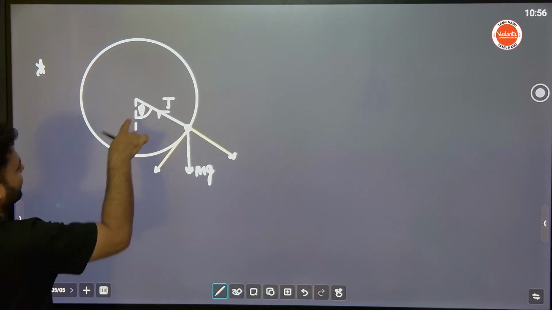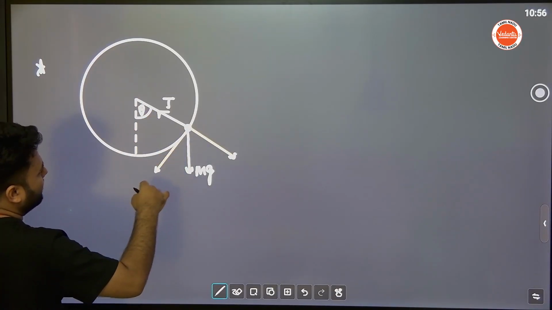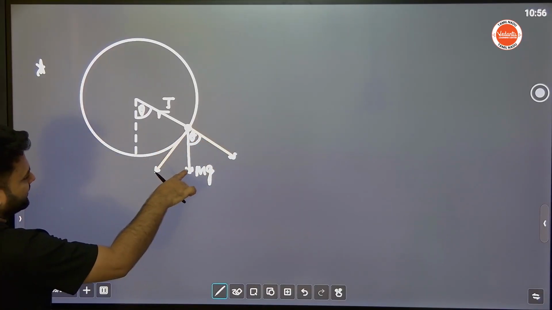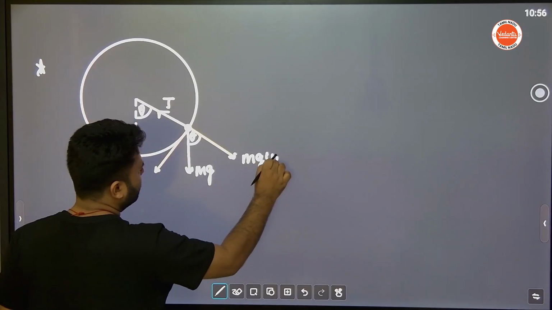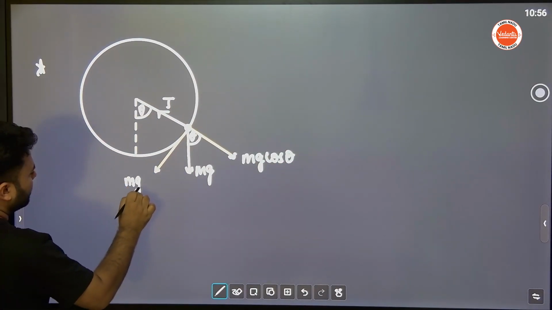Since this angle is theta and this dotted line and this line are parallel, this angle will also be theta. So this component will be mg cos theta and this component will be mg sin theta.